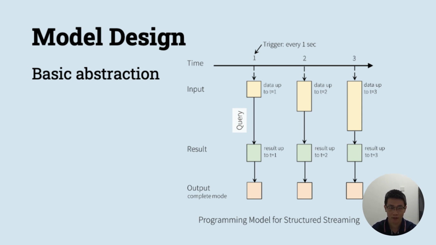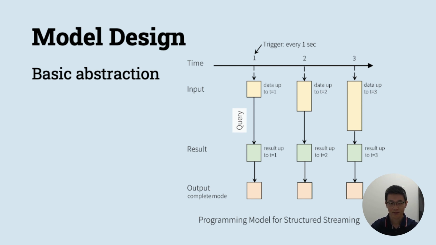When we have 2s, another batch of data arrives, and the processing result is again saved as an intermediate state. Then, when we have 3s, our processing engine handles this data and saves it in this state.